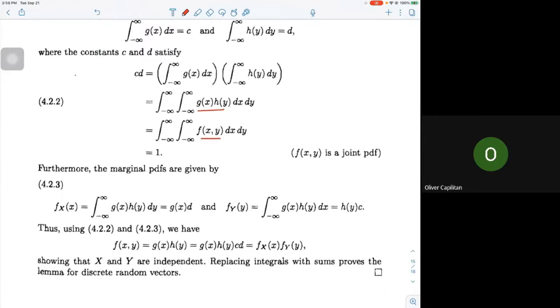Okay, so the marginal PDF of x, I have here this improper integral of g of x, then h of y dy. Take note, this first equality is by definition of the marginal PDF.